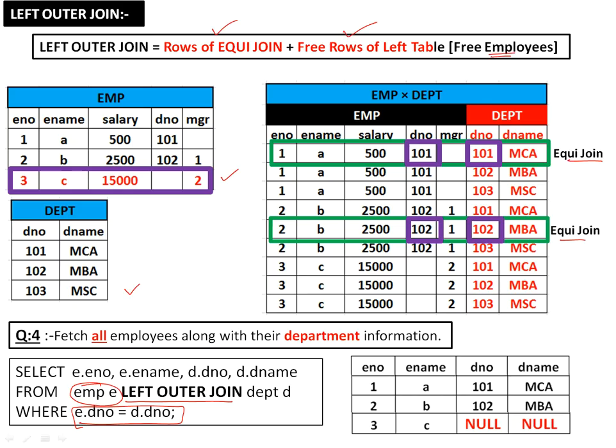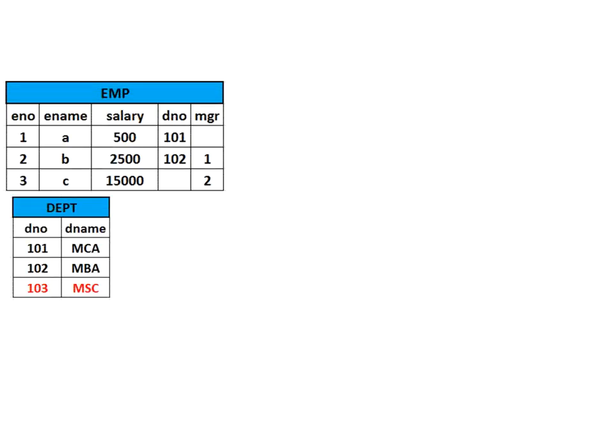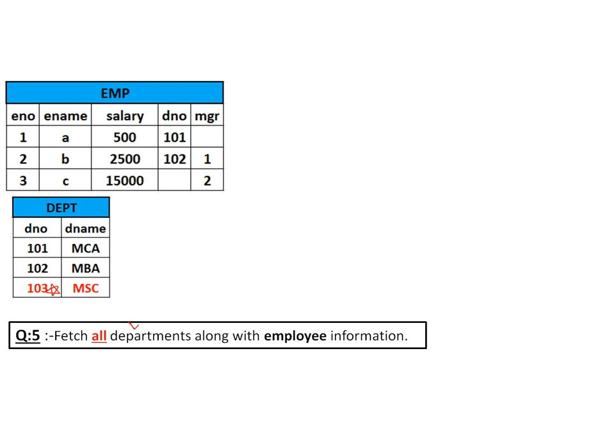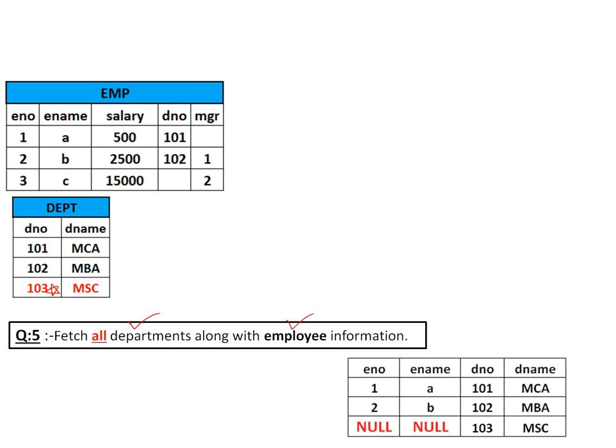Similarly, if I want all departments, instead of left, I have to write right, or I can swap the tables, but I will go for the other join. This time, here is a free department. Fetch all departments along with employee information. That means I want this department also.